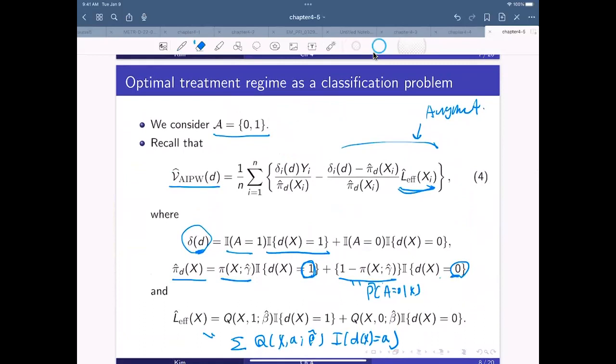But the point is that we have a value, the expected value.